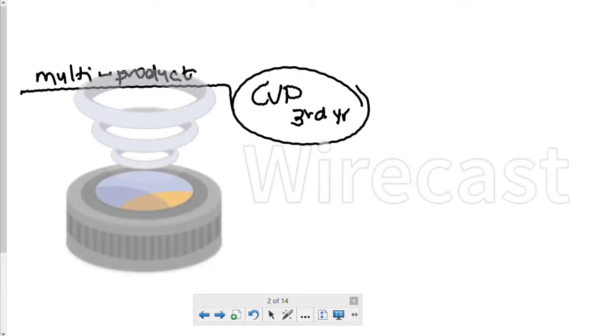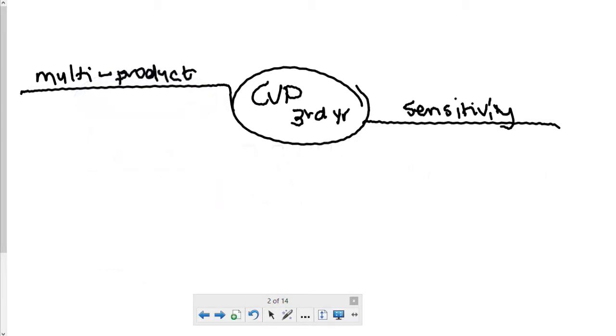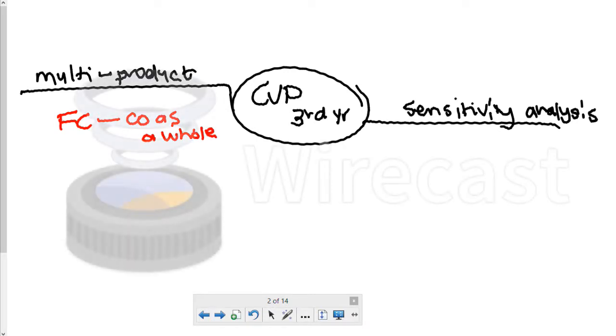And we're also looking at sensitivity analysis: how our CVP is sensitive to movements in profit, etc. When we look at multi-product, the important thing here is that fixed costs are for the company as a whole.